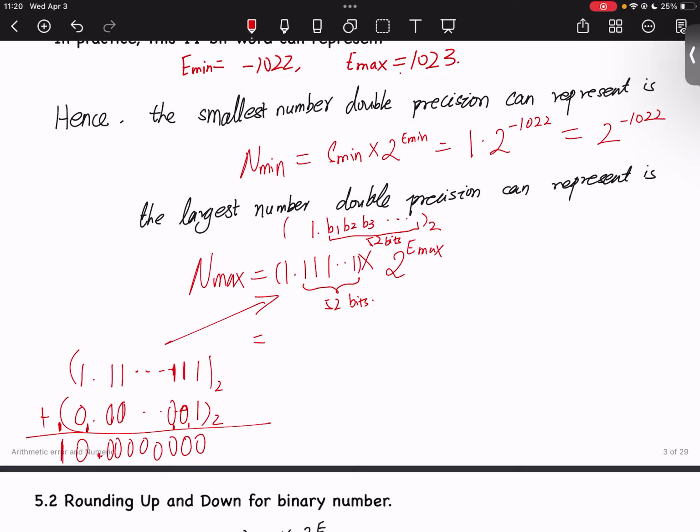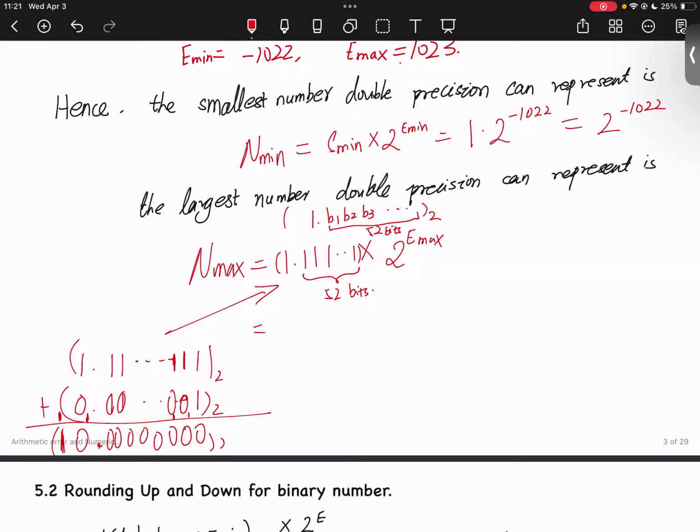So this is the result: 1 0 and then 0 0 0 0 0, in binary representation. This also means that this number equals 1 0.0000, and there are 52 zeros here.